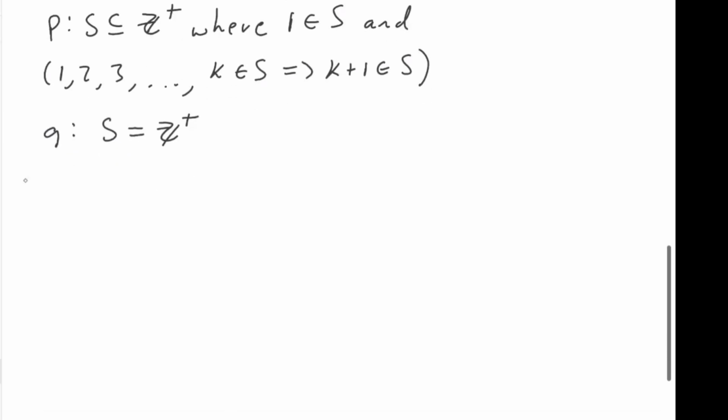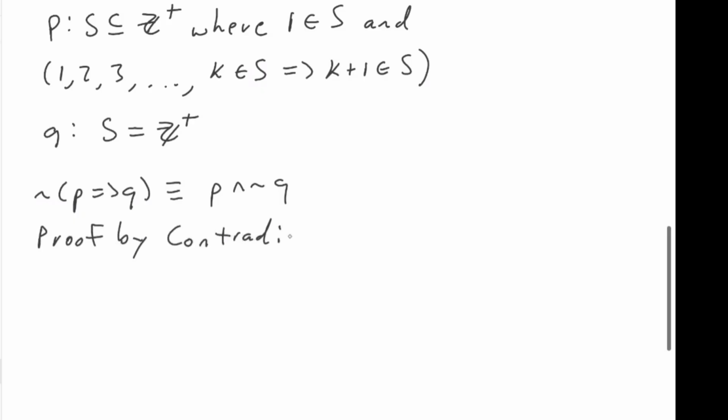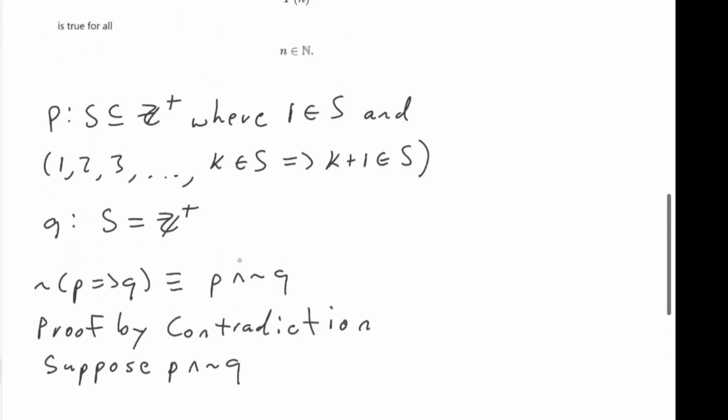All right, so just like before, we're going to use that the negation of P implies Q is equivalent to P and not Q. So let's go ahead and start our proof by contradiction. Okay, so we're going to suppose P and not Q, right? We're going to suppose that all of this holds and that S is not the set of positive integers.